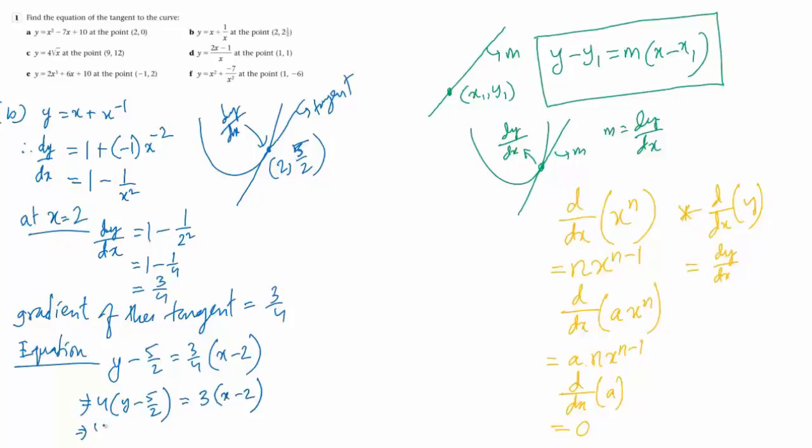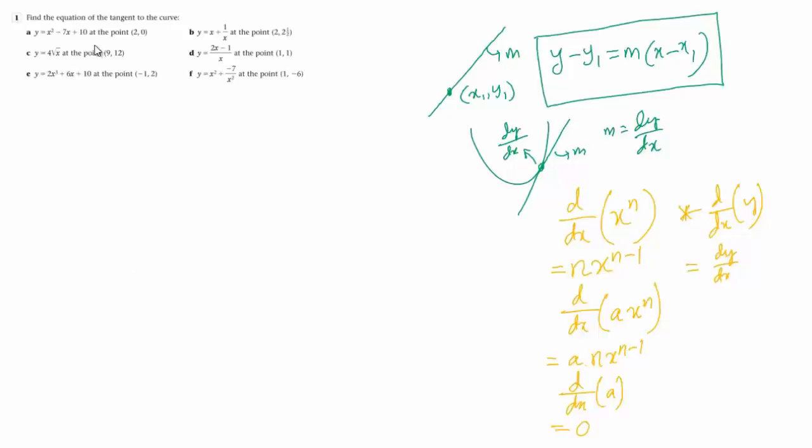Then multiplying out, 4y minus 10 equals 3x minus 6. So we can simplify it. It doesn't matter what format we write it in. It's usually a good idea to write it with integer coefficients. That's good enough.